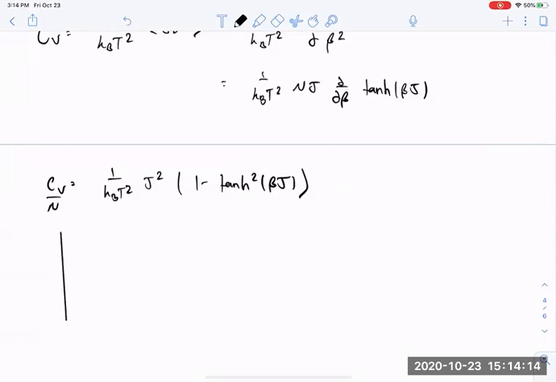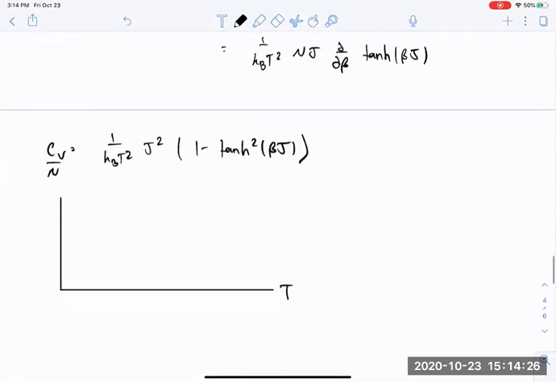Drum roll, please. If we were to plot that as a function of temperature, what do we see? Well, at very low values, hyperbolic tangent squared is 1. 1 minus 1 is 0, so it starts at 0. At very large values of its argument, hyperbolic tangent is 1. Square it, it is still 1. 1 minus 1 is also 0. So it starts and ends very close to 0, and in the middle, it increases, but it does not diverge.